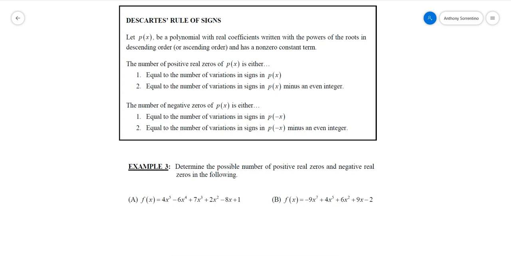That's going to help me figure out the possible number of positive real zeros I could get, and negative real zeros. I'm just going to take the polynomial function, replace x with -x, simplify that, and then compare the sign changes and make a very similar determination. So let me demonstrate that on A, and let me have you give it a try on B.